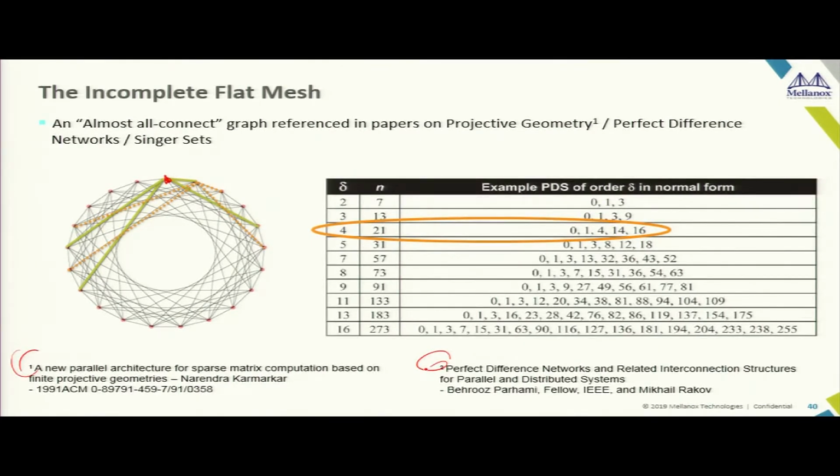It talks about something called perfect difference sets, in which you get a solution of a difference set, and this thing basically means that particular switch connects to itself, connects to its next neighbor, its 4th neighbor, 14th neighbor, and 16th neighbor. And then the next switch is just like a modulo operation. You just do a +1 to all the destinations. When you do it, you get a kind of spirograph network. And the good part about this network is it maintains a graph diameter of 2.